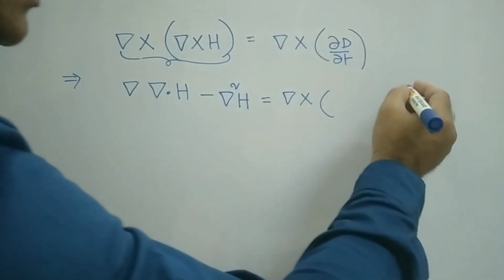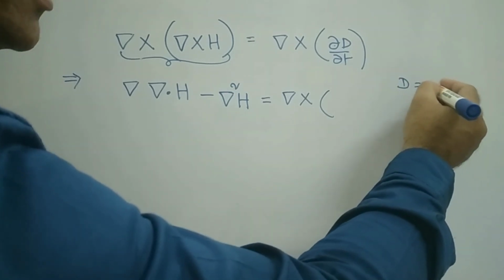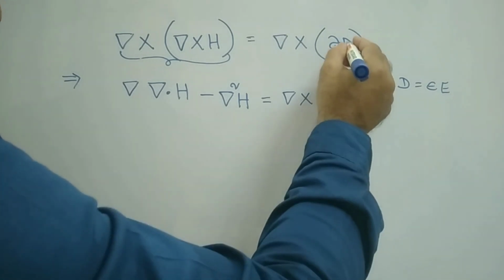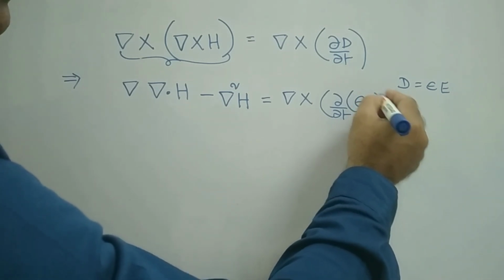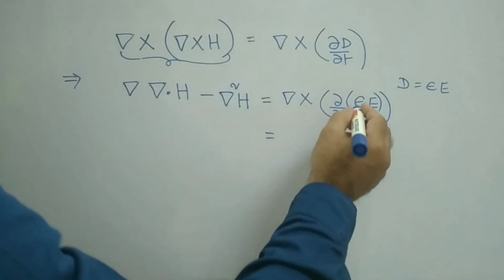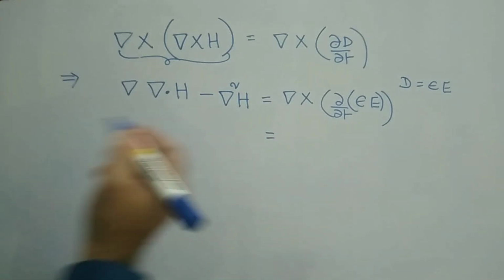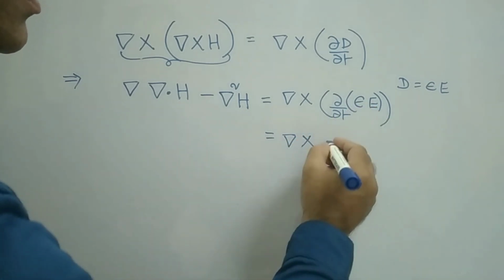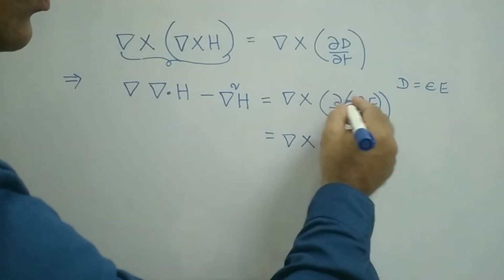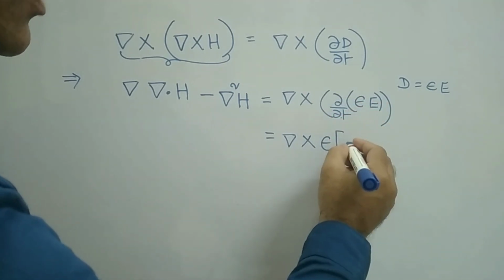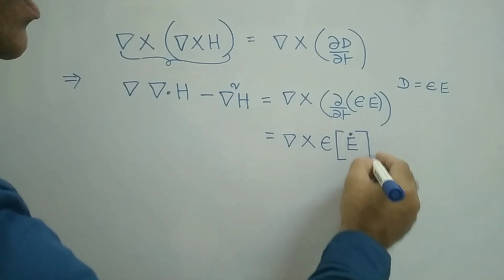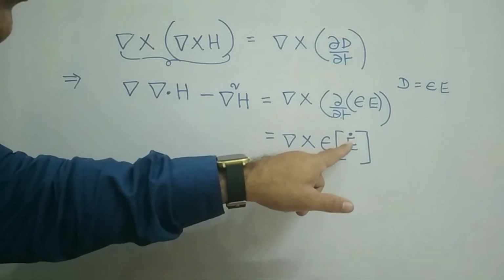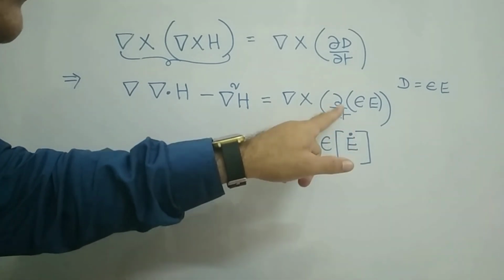Here you need to remember D is equal to epsilon E. Substitute that here: in dou D by dou t, in place of D, substitute epsilon E. Epsilon is a constant, so you can take epsilon outside, and dou E by dou t is nothing but E dot, because the dot indicates the first derivative.